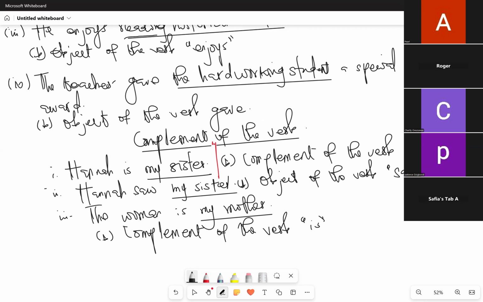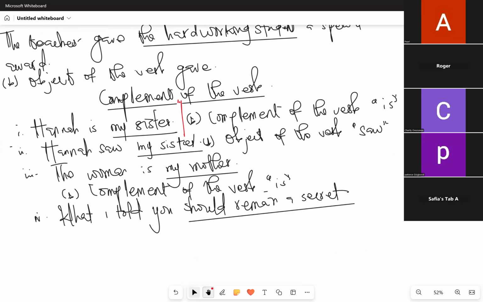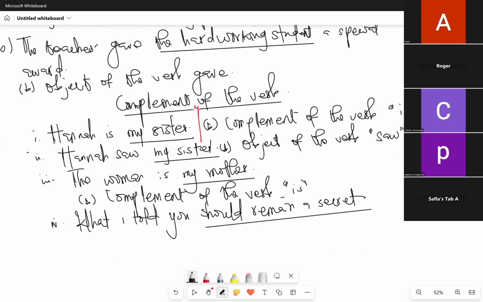Okay, so how about this one? What I told you should remain a secret. Function, please.